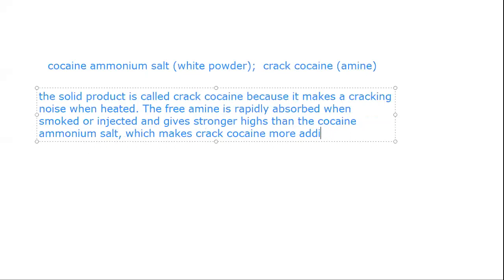Addictive. So cocaine is usually obtained from coca leaves. But if you know chemistry, you can make it in your lab without any coca leaves. We can make it from chemicals.